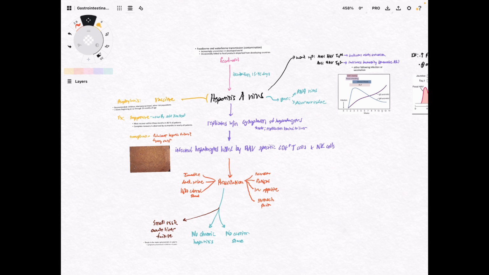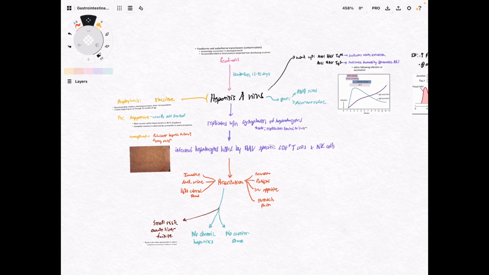It's actually a positive sense RNA virus. Remember, you can have negative sense, but this one's positive sense, and it's transmitted fecal-orally. So you can think of people living in third world countries that don't have access to clean water, or in America, the most common cause is through shellfish. Shellfish that hasn't been cooked all the way, you can get hepatitis A from this.